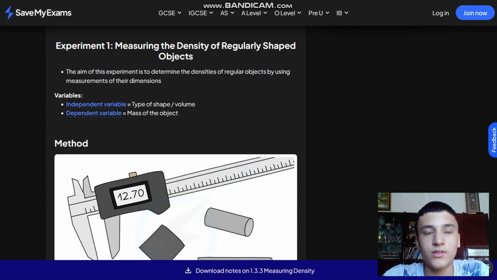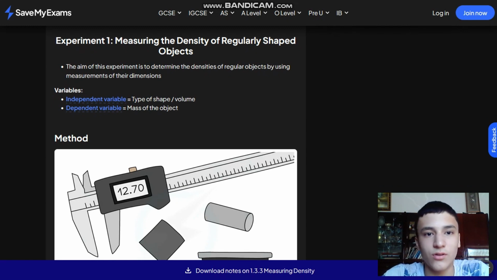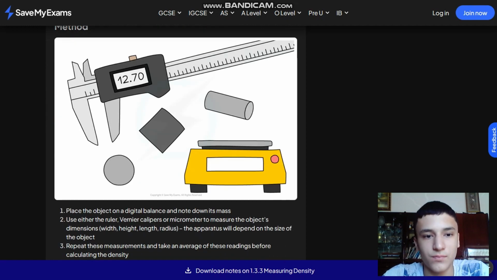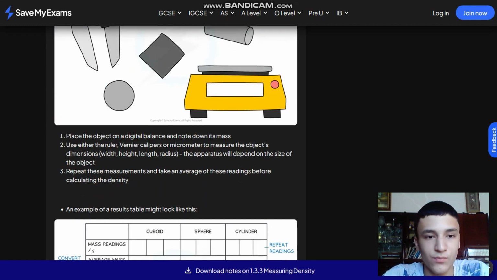The aim of this experiment is to determine the densities of regular objects by using measurements of their dimensions. So we have the independent variable, the type of shape or some volume, but also we have the dependent variable, which is the mass of the object.